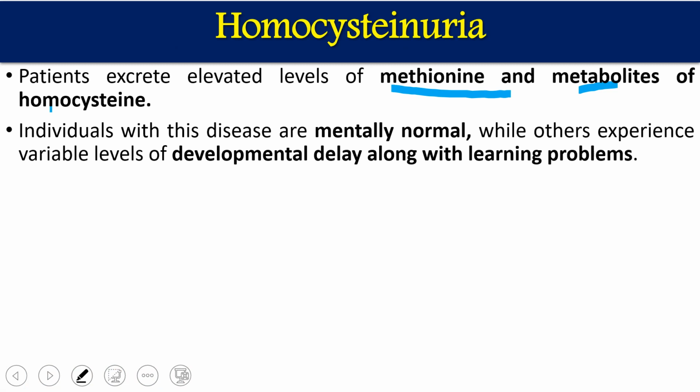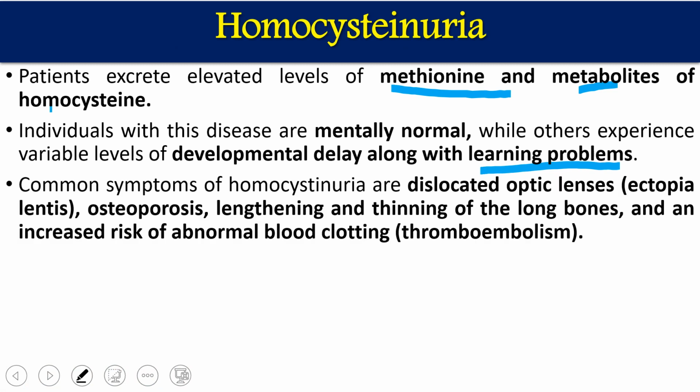The person or the child who is having homocystinuria will mentally look normal, but mental developmental delay will be there. The developmental process will be very slow, along with learning problems. They will not learn like a normal baby or normal person. So mentally they will be normal, but the developmental process will be slowed down.